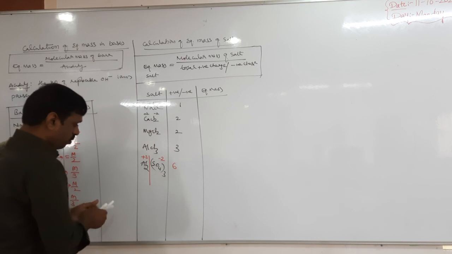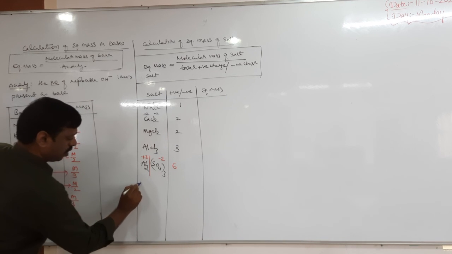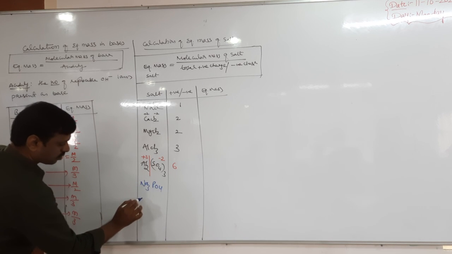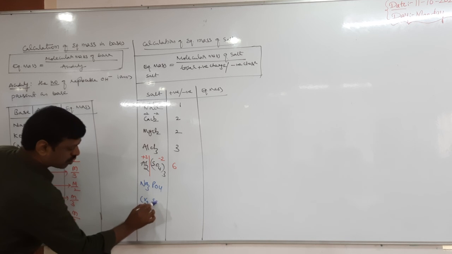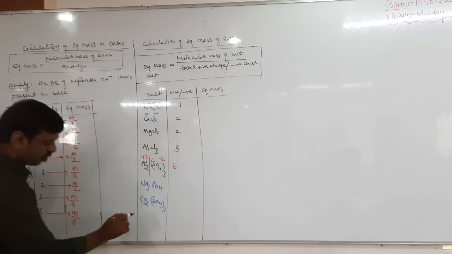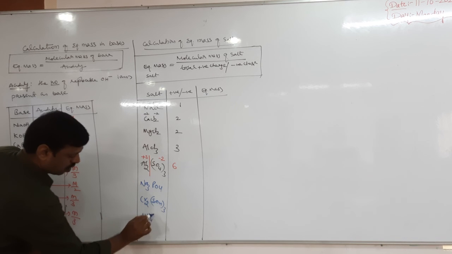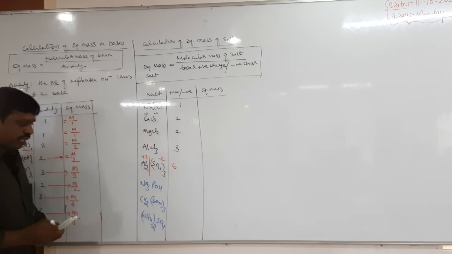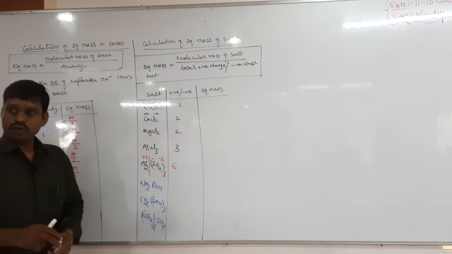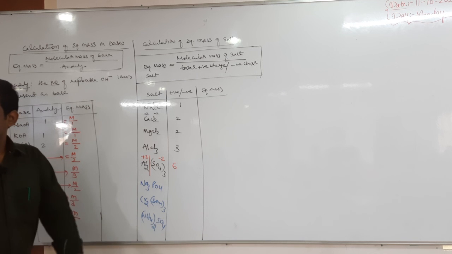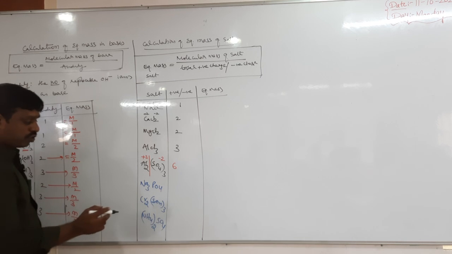Next, one more example. Na3PO4 and Cr2(SO4)3. Tell me, what are the positive or negative charges? Na3PO4: how many positive charges?